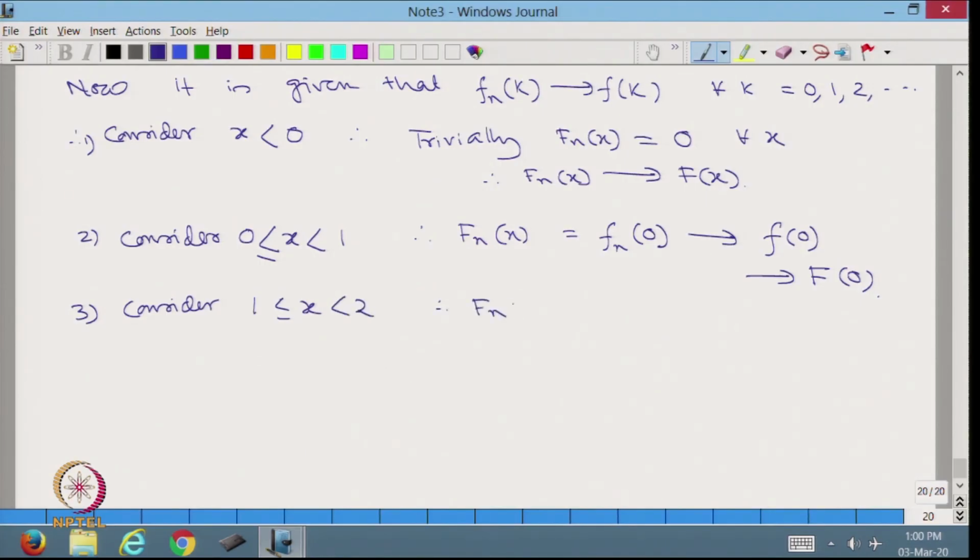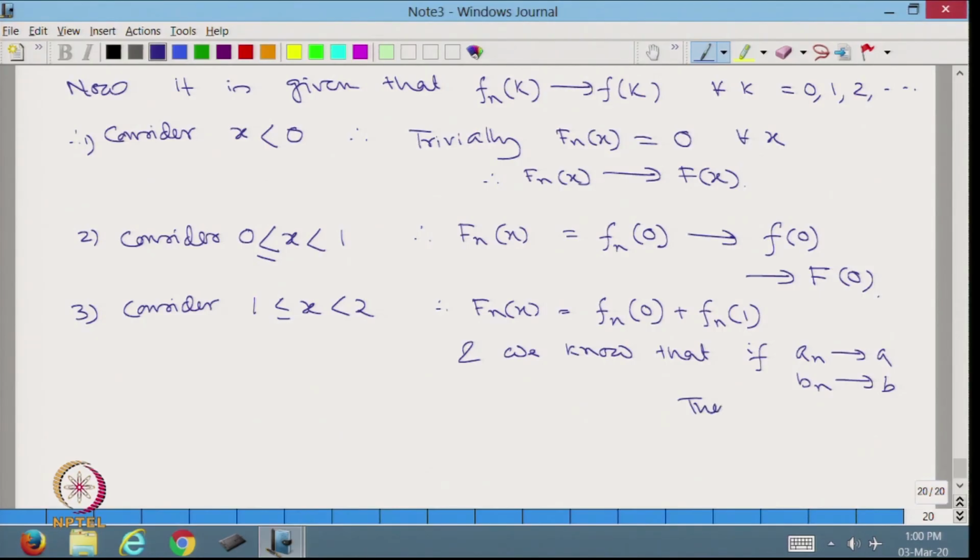Therefore, F_n(x) is equal to f_n(0) plus f_n(1), and we know that if a_n converges to A and b_n converges to B, then a_n plus b_n converges to A plus B. So, this we know from our high school mathematics.